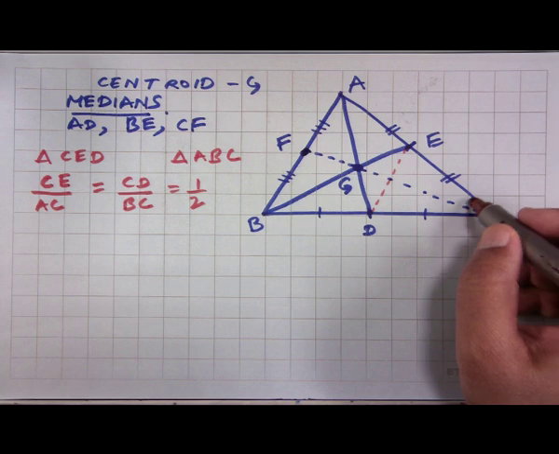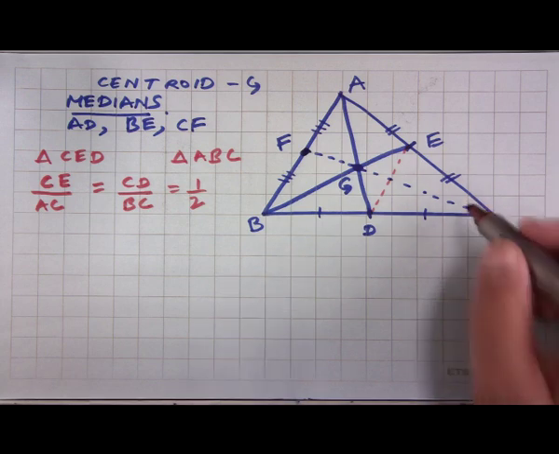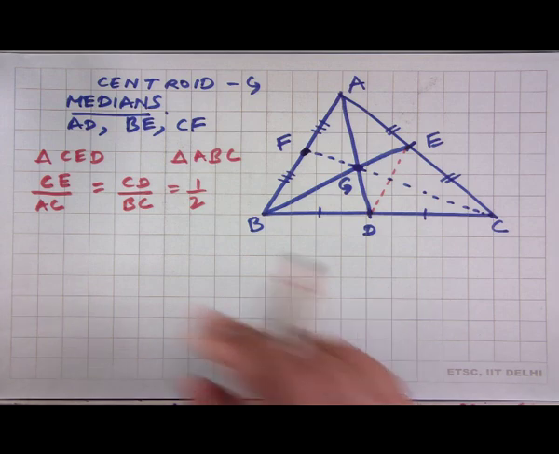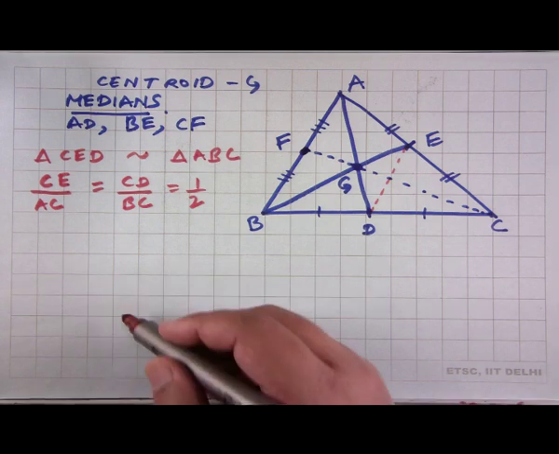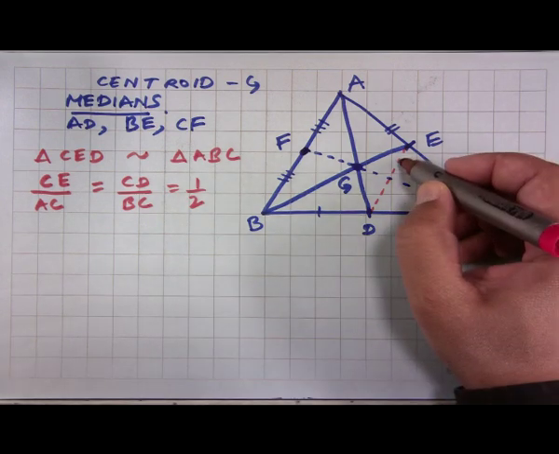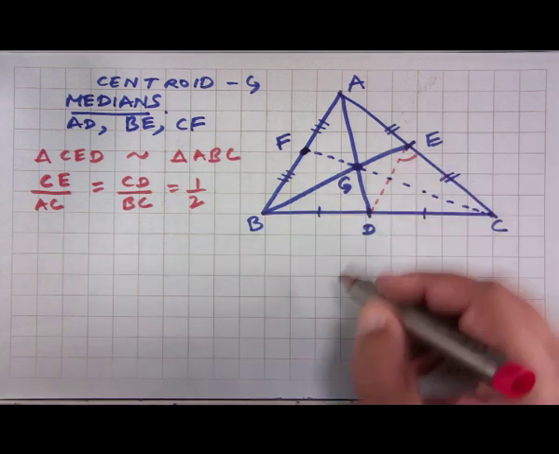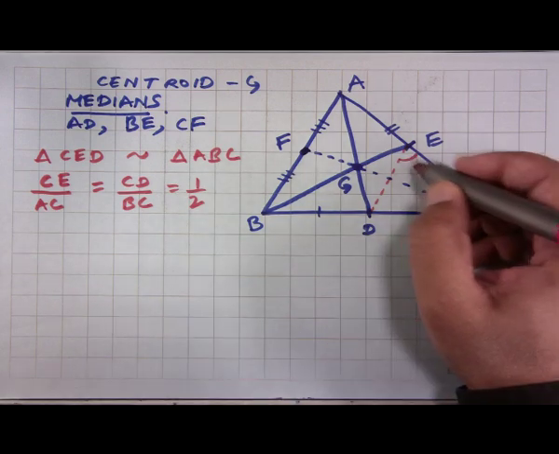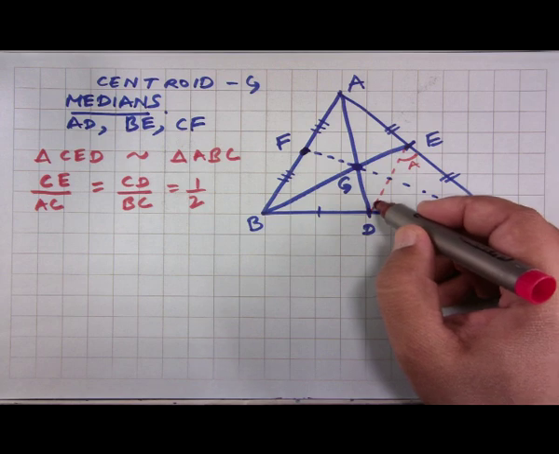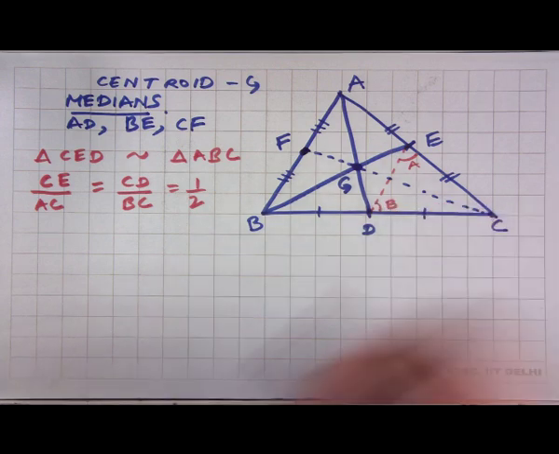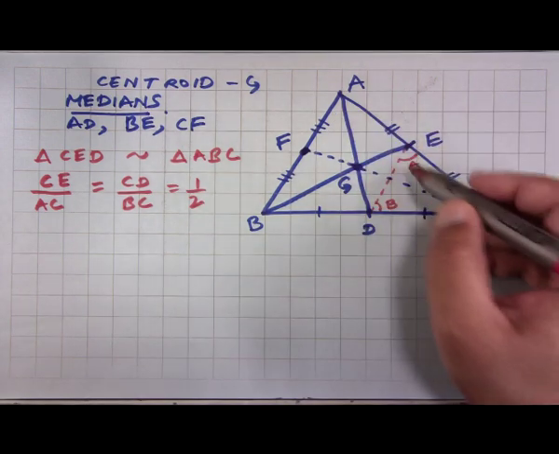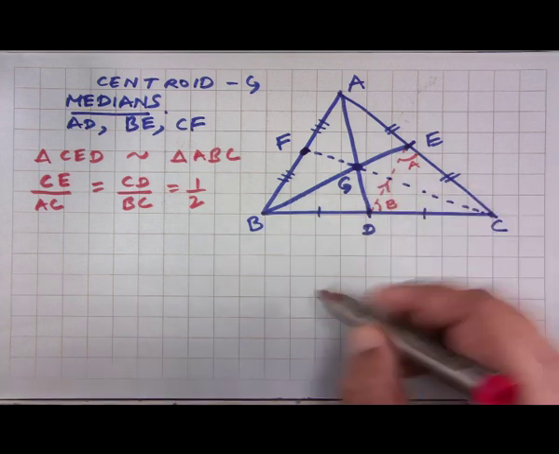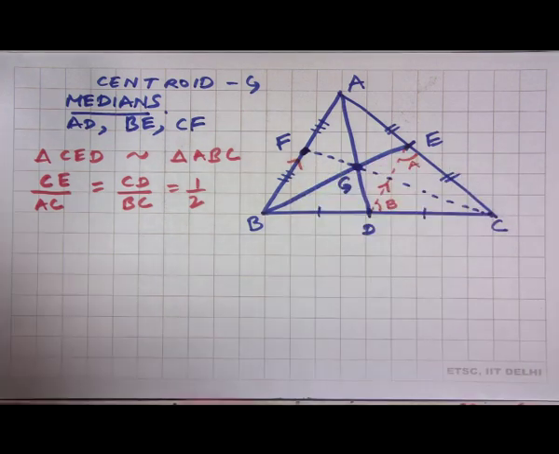Plus they have a common angle. So, what that shows is that these two triangles are similar, and therefore, this is equal to angle A and this is angle B, and therefore, this line segment ED is parallel to the side AB.